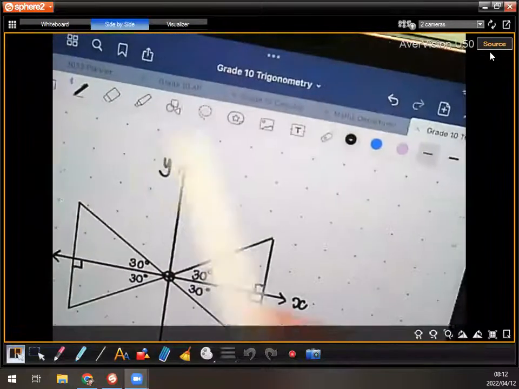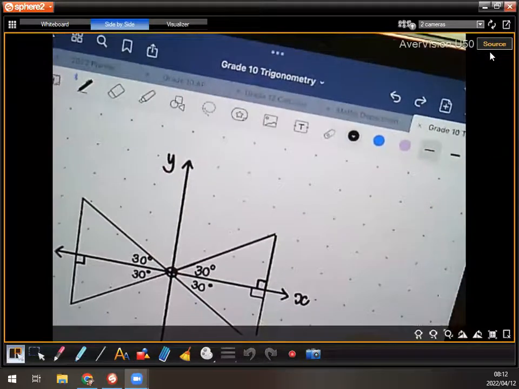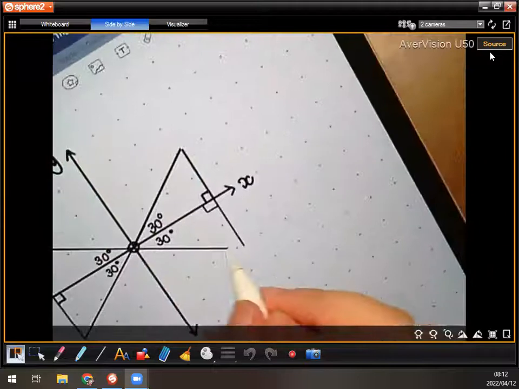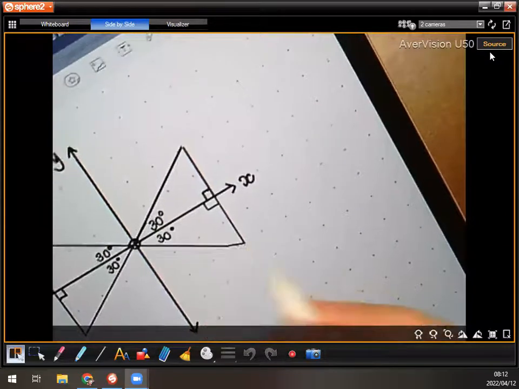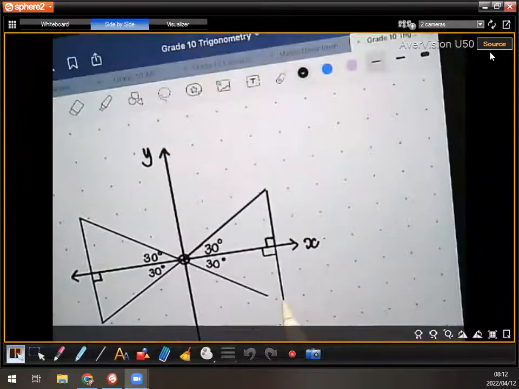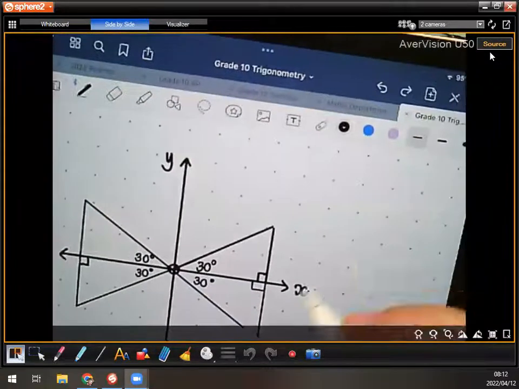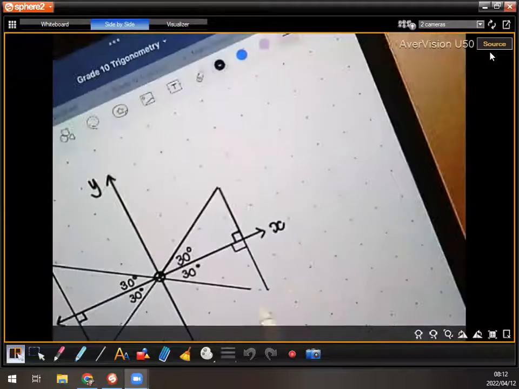Just to get them to look. That's a good idea. But I'm still going to do that.